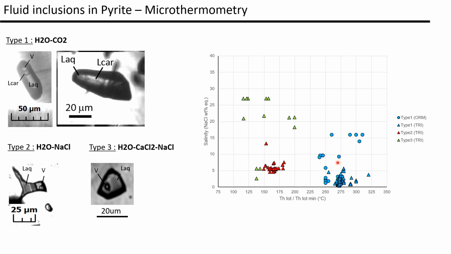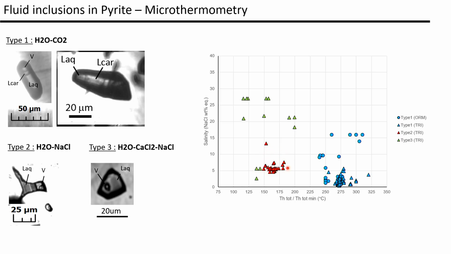So I can't really observe the homogenization temperature if it's above 320, 350 degrees C, usually. So maybe they have some temperatures that could be higher, but I could not observe them. The salinity is ranging between 0 and 15 weight percent equivalent NaCl, but most of them are below 5.